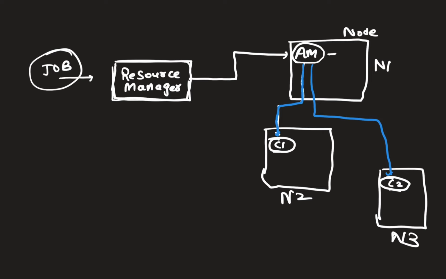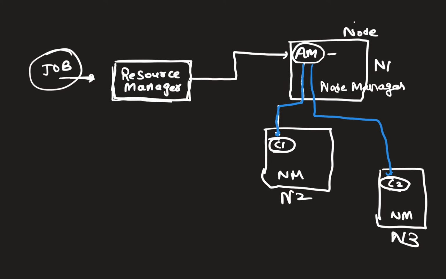Earlier both the things were being done by job tracker, but now because we have submitted our job to resource manager, it reaches out to these nodes, and there are different processes running on each of the nodes. So there is a node manager process running on every node. Node manager running here, node manager running here also, and node manager running here also.